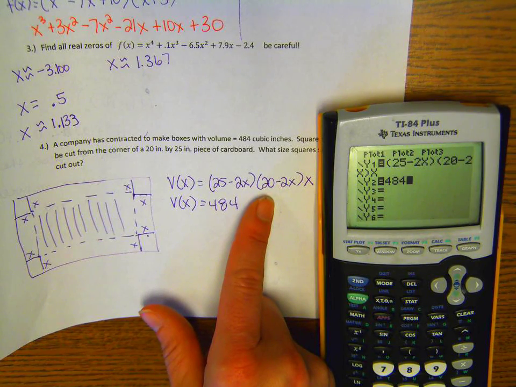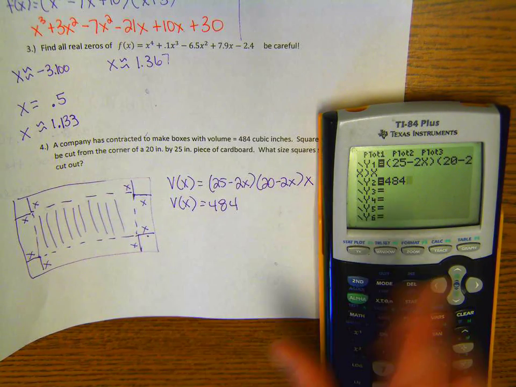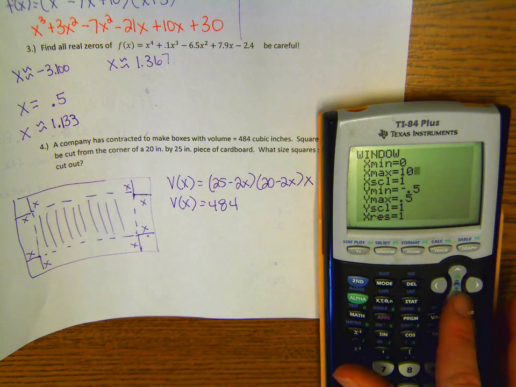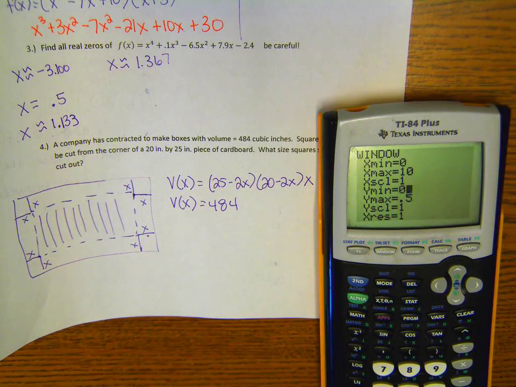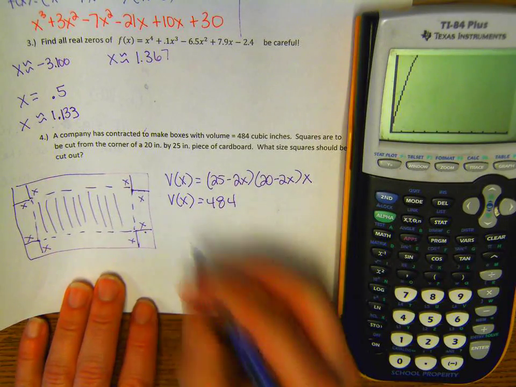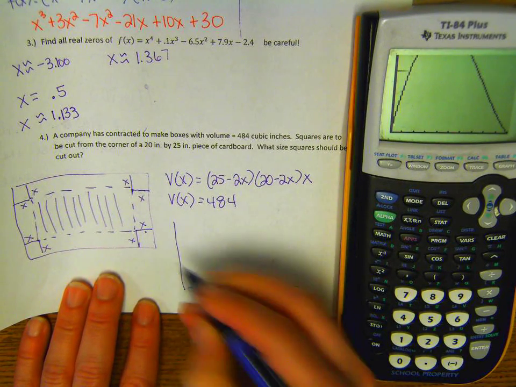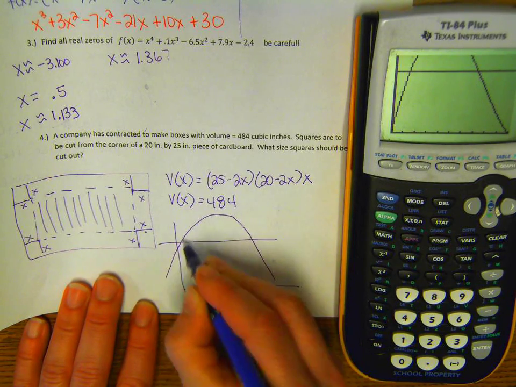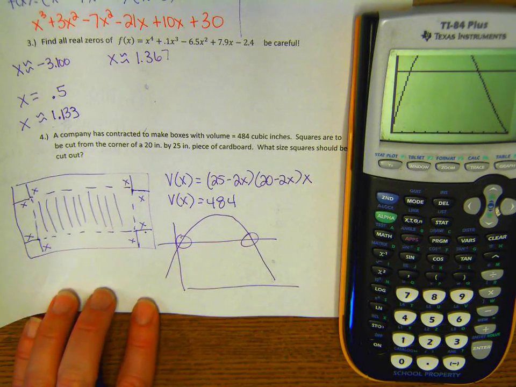And so when we're picking our window today, we're only going to make x go from 0 to 10. And I'm going to go from 0 to, I know it's 484, I'll just do 600 so I have some room to look. It's okay that I don't see the whole thing. I just need to see where it touches that line. So there's actually two solutions.